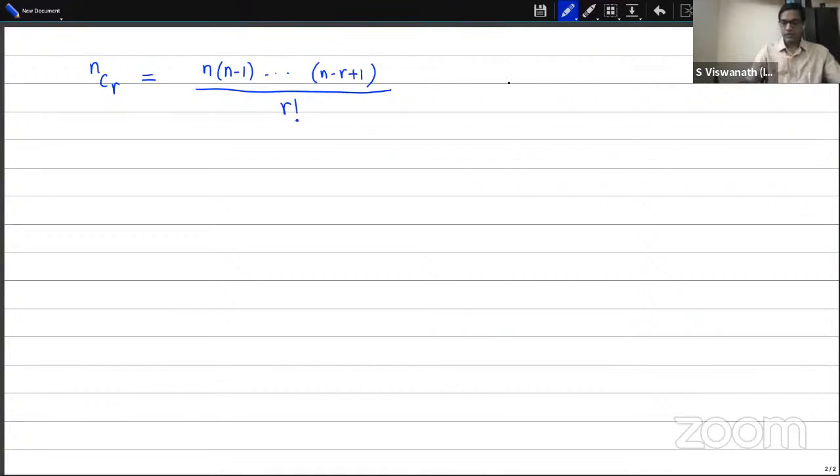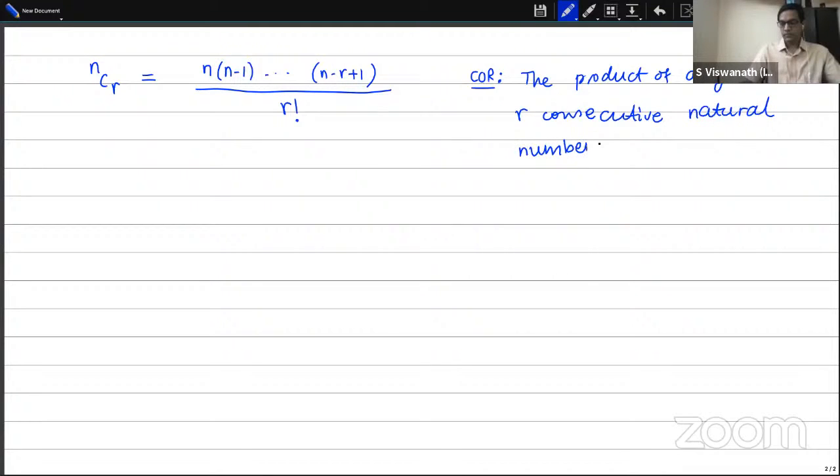Now here's the interesting corollary: if you take any R consecutive natural numbers, the product of any R consecutive natural numbers is always a multiple of R factorial.